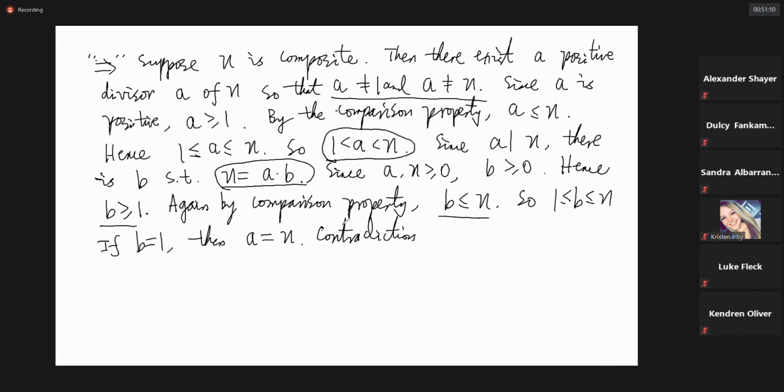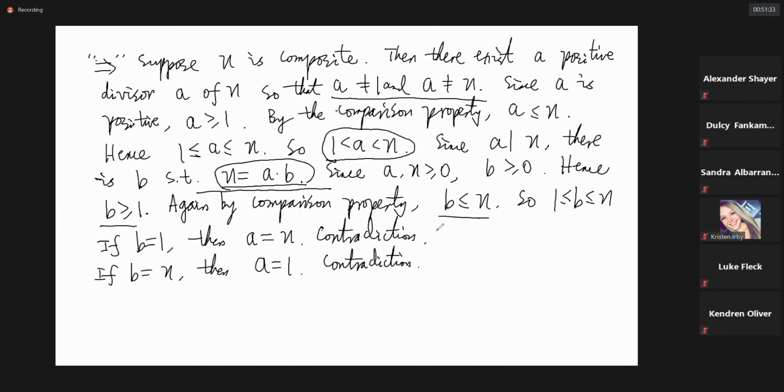So a cannot be n, contradiction. On the other hand, if b is equal to n, by this property again, n is equal to a times b, then we have a is equal to 1. Again, a contradiction, because a is strictly greater than 1.